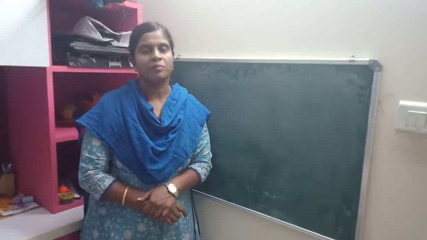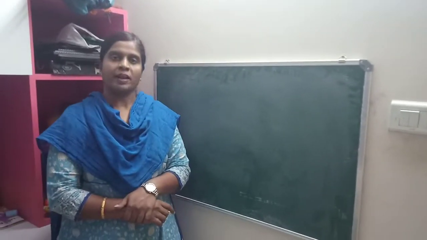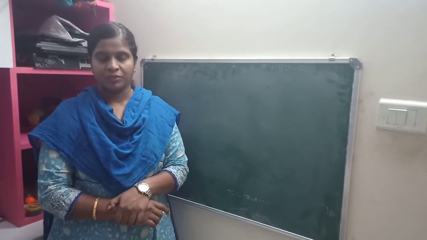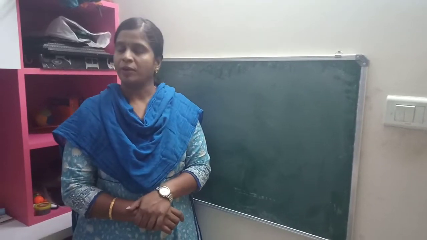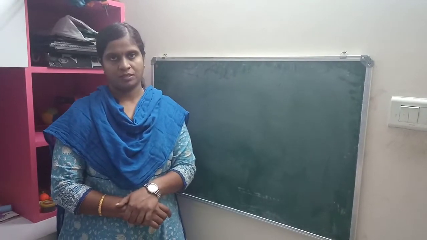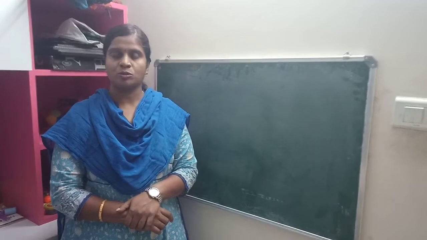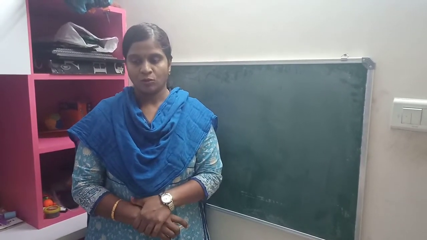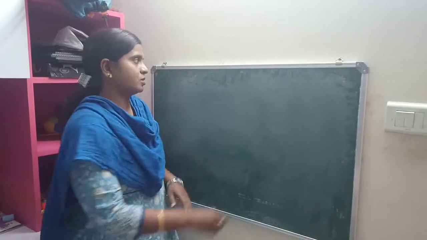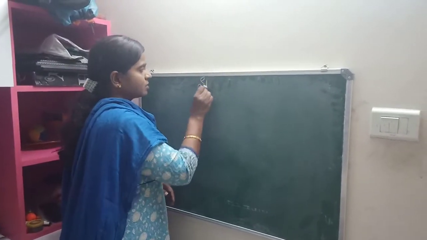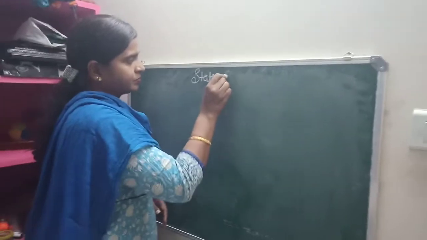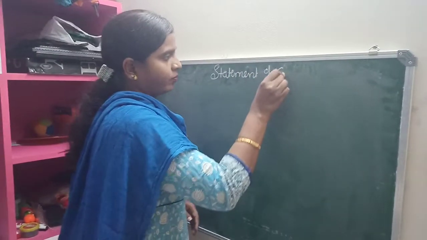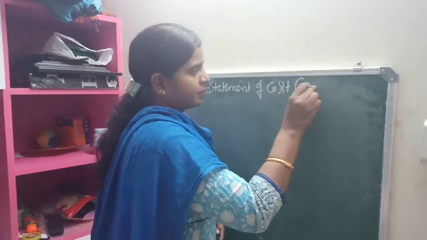In the problem they have provided product X and product Y. When it comes to product X, how many units have they produced? 1,000 units. Even in product Y they have produced 1,000 units. With this information you want to calculate the statement of cost in ABC method.